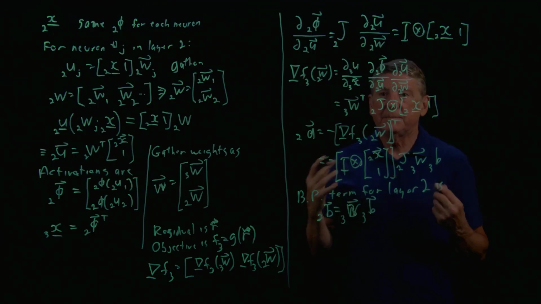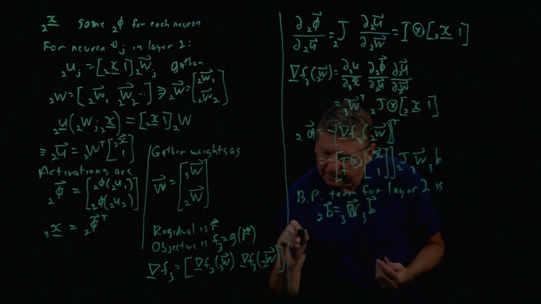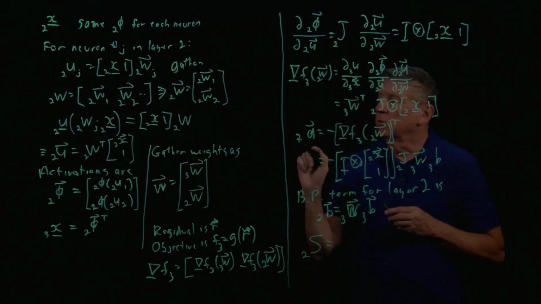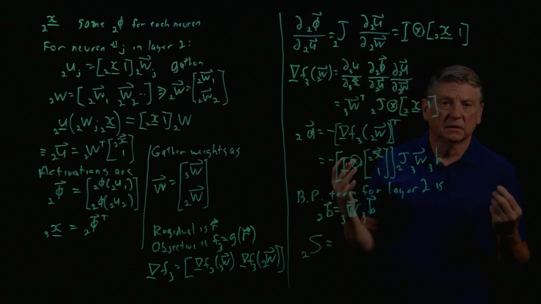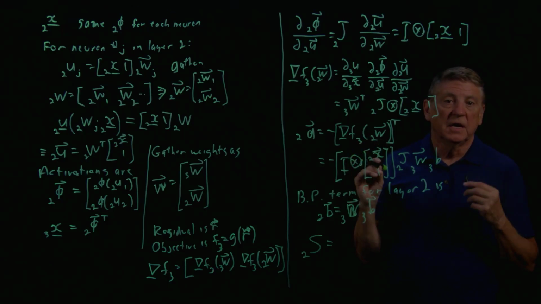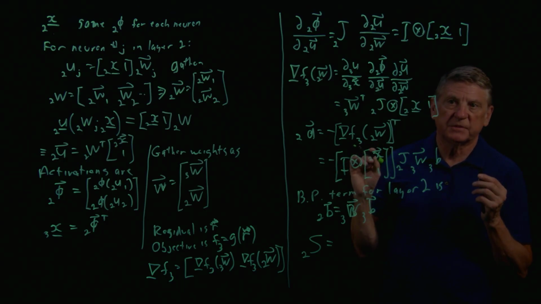So the steepest matrix is S for layer 2. So remember that when we had a single output neuron, it was a steepest vector. Now it's a layer, so it's a steepest matrix.